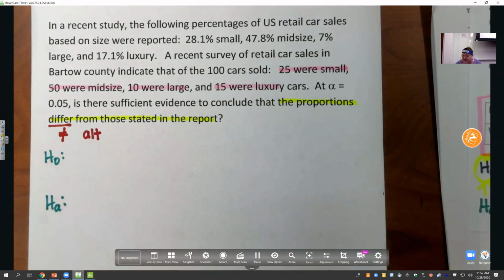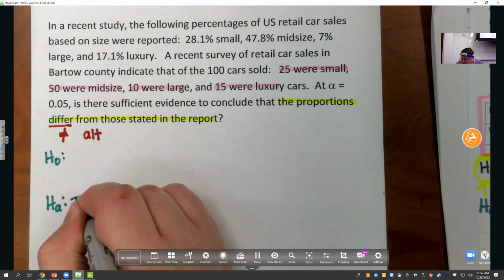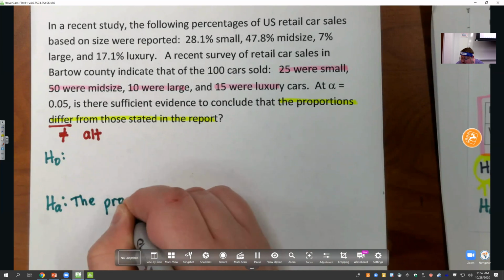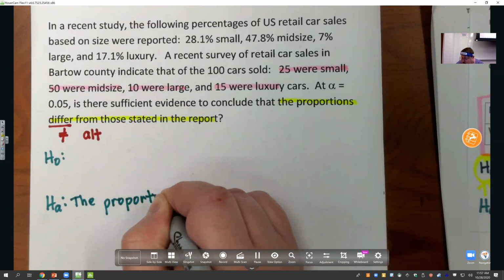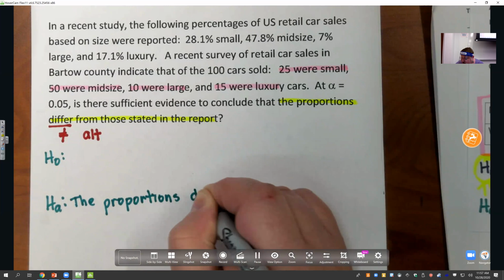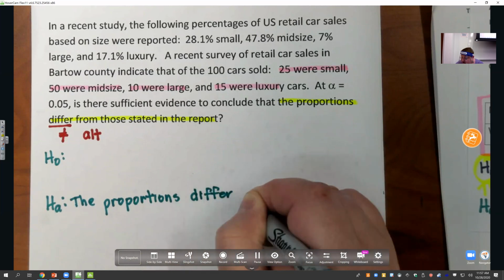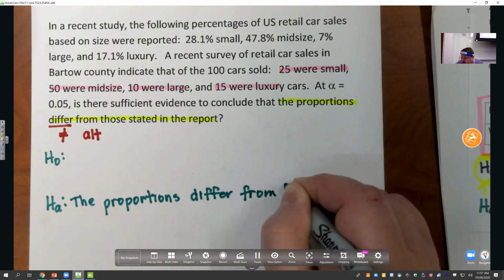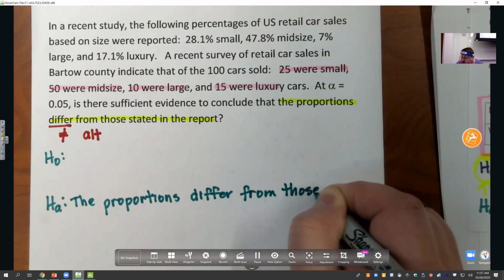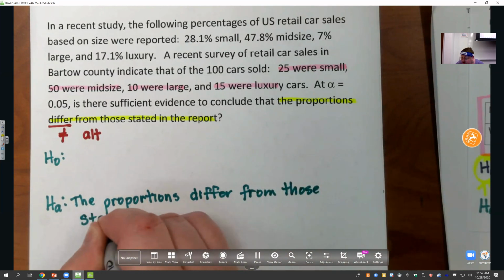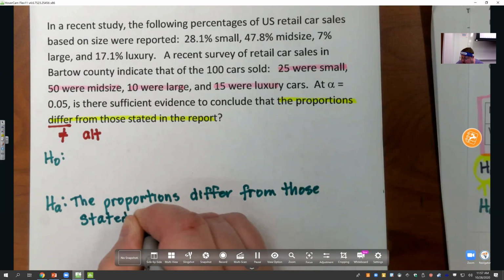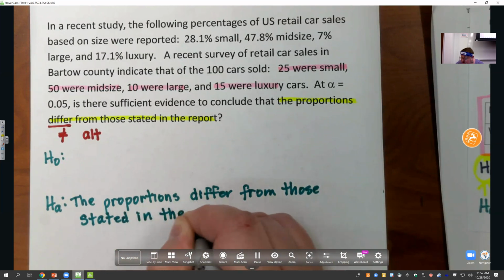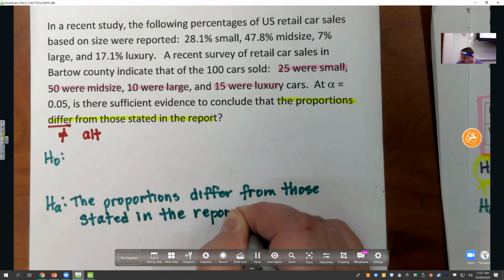So we could say the proportions differ from those stated in the report. Now, you may think, well, what report are they talking about?